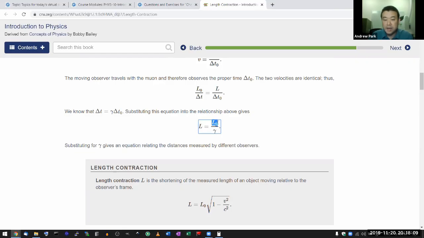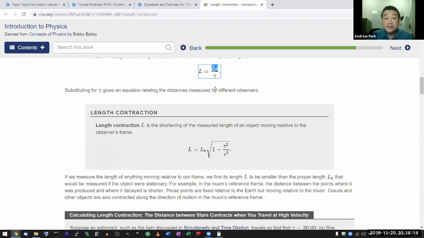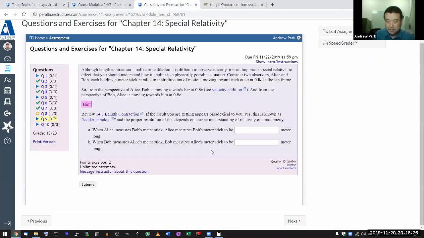It's the length in its own rest frame, what we call proper length, divided by gamma, or times the square root of 1 minus v squared over c squared. Let me use this one. That's probably more direct and possibly a little bit less calculator number plugging in.